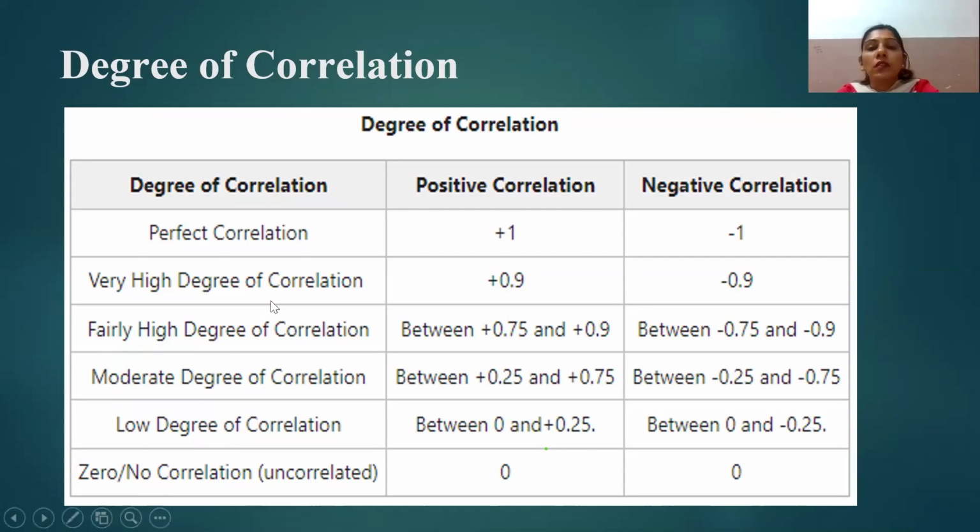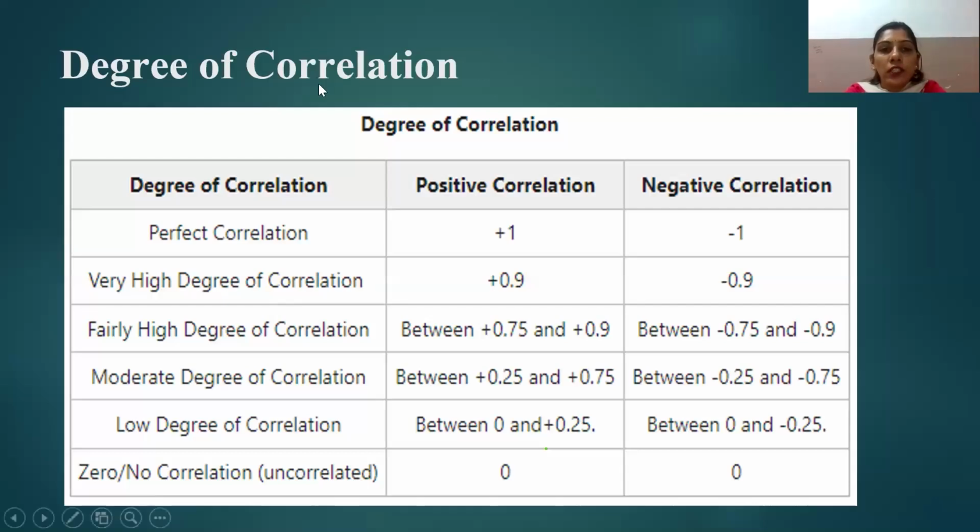So, as the coefficient of correlation, we can measure the degree or extent of the correlation between two variables. On the basis of the coefficient of correlation, we can also determine whether the correlation is positive or negative, and also its degree or extent.